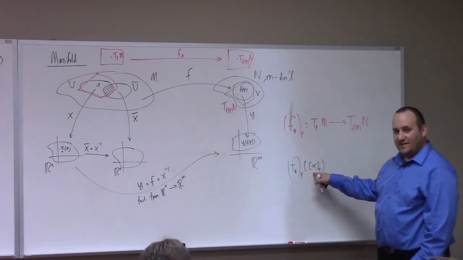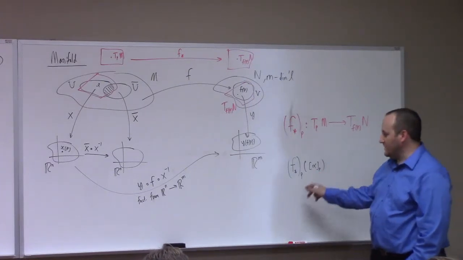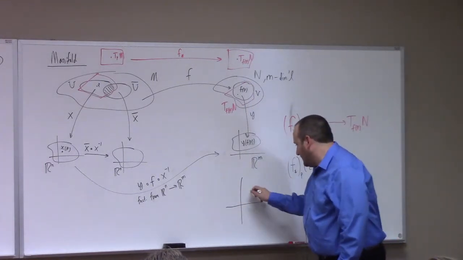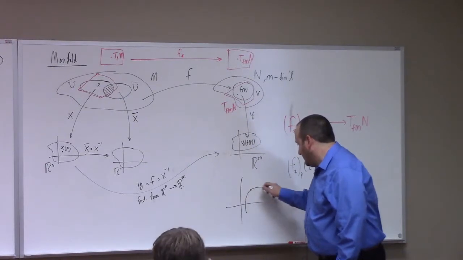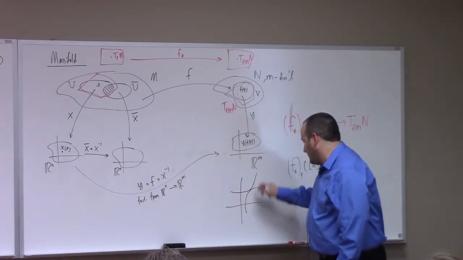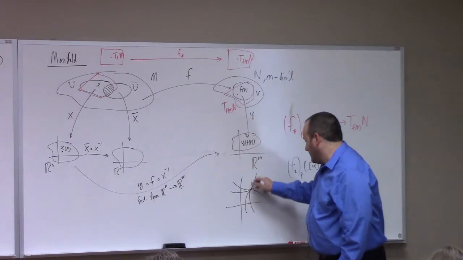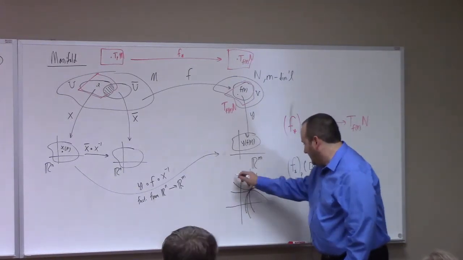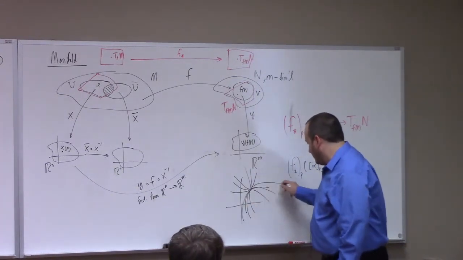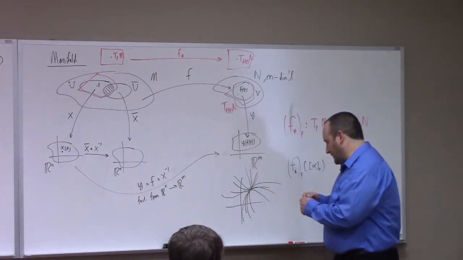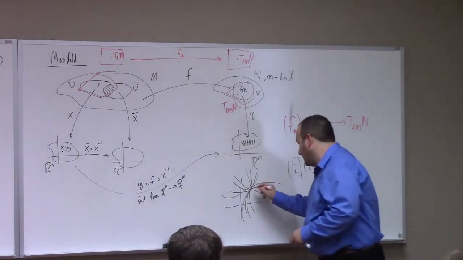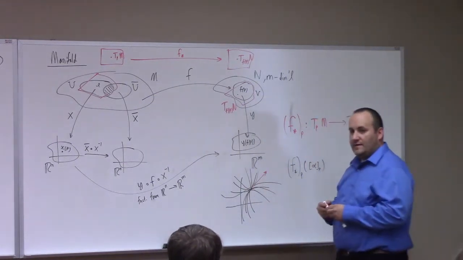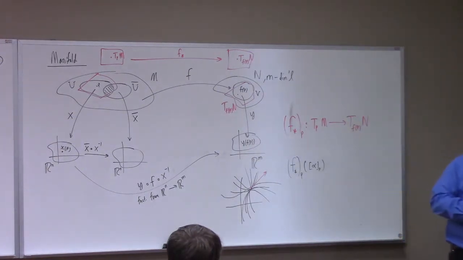This equivalence class of curves at P, and the reason it's an equivalence class of curves at P is because if you look at P, this curve, and this curve, and this curve, and that curve, and this curve, and that curve, they all describe the same stupid tangent vector. That's why it's not a curve, it's an equivalence class of curves that you have to work with logically.